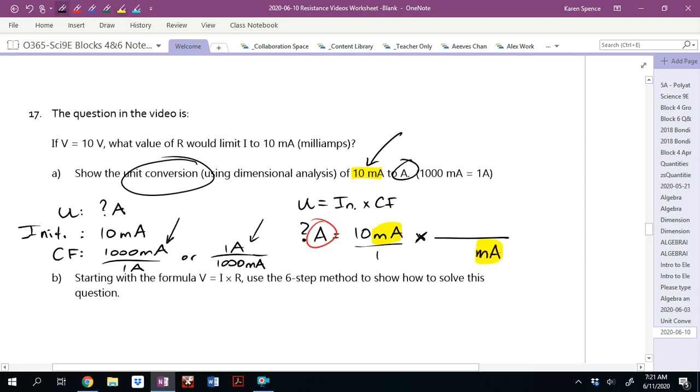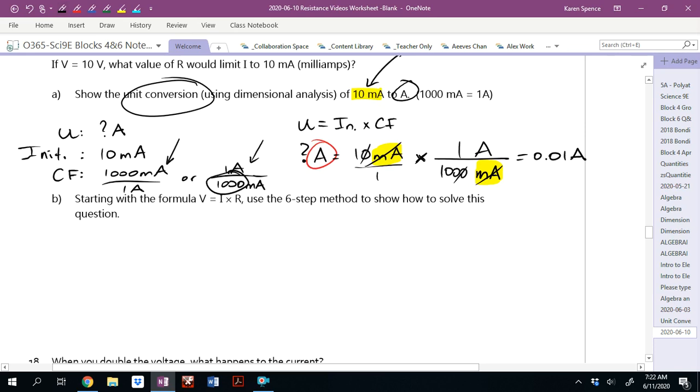There are 1000 milliamps per 1 amp, so these cancel out. 10 divided by 1000 is the same as 1 over 100, which is 0.01 amps.